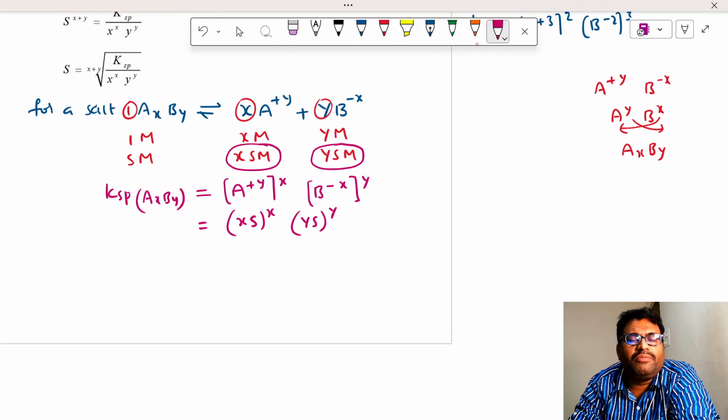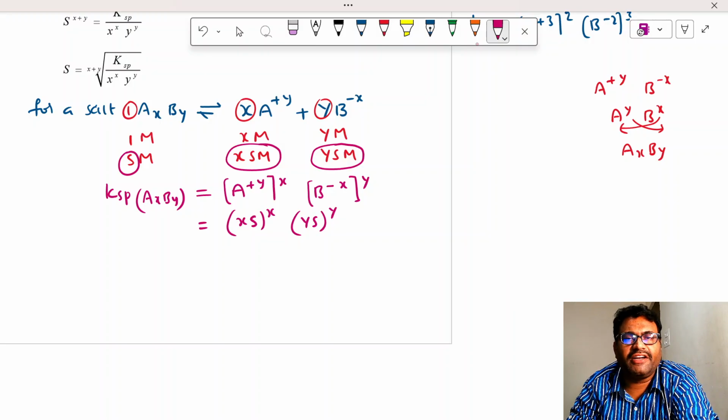So if the solubility of the salt is S moles per liter, what will be the concentration of A plus Y? It will be X into S molar. And what will be the concentration of B minus Y? It will be Y into S molar.